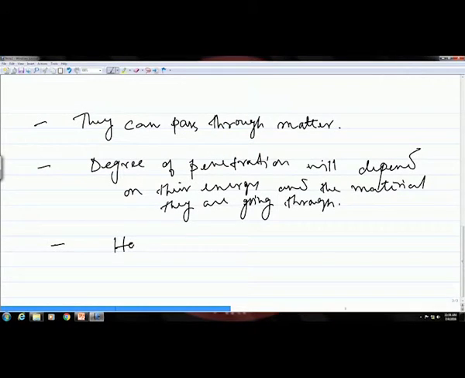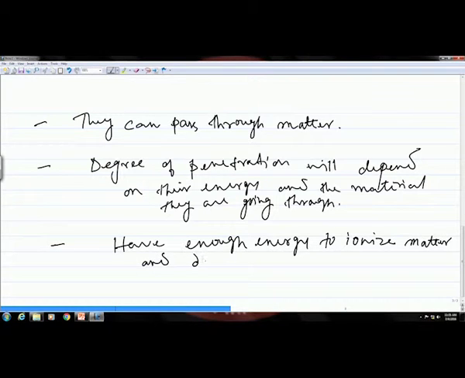And X-rays have enough energy to ionize matter, and can damage or destroy living cells. That is why they are dangerous to human beings.